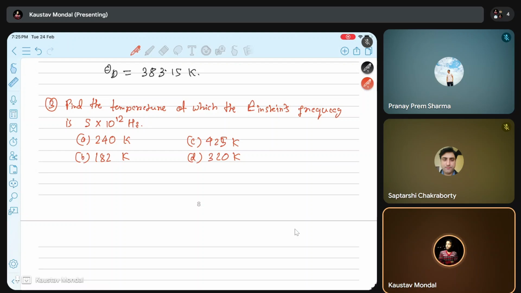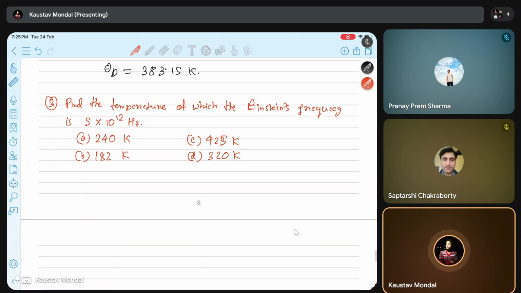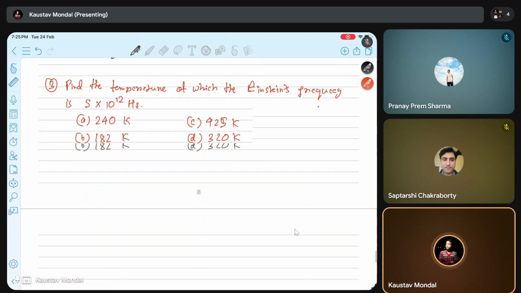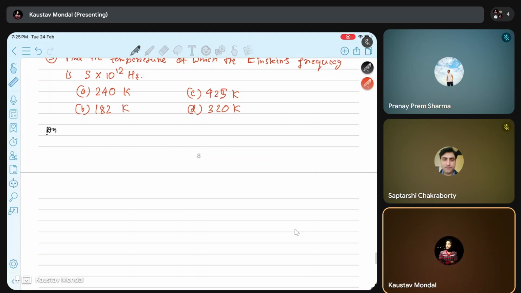So now we calculate this. So we know the Einstein temperature theta is related to the Einstein frequency, h nu E by kB, right?